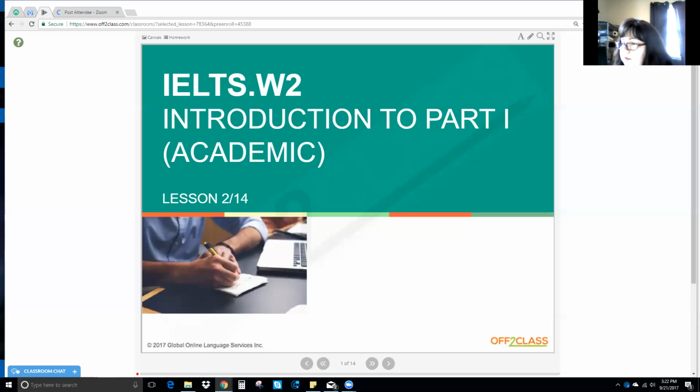In the academic version of the exam, you'll read 3 long passages with tasks. Texts range from the descriptive and factual to the discursive and analytical. It includes nonverbal materials such as diagrams, graphs, or illustrations. So you're going to have to describe those graphs or diagrams, and be able to explain what they mean and what they're telling us.